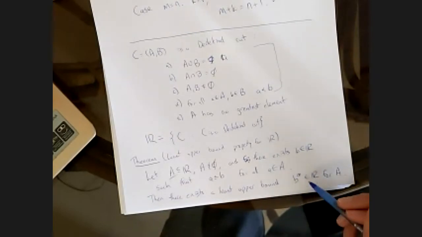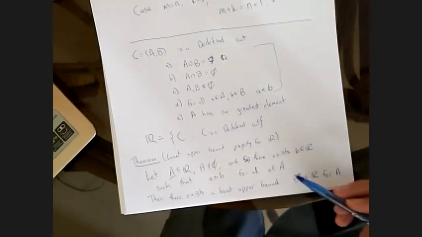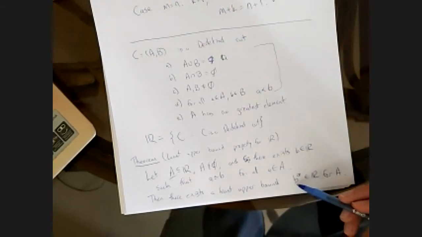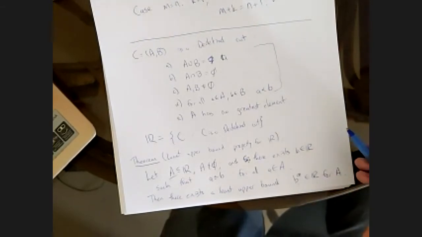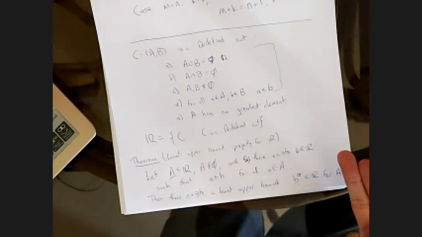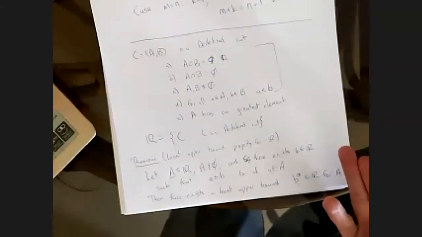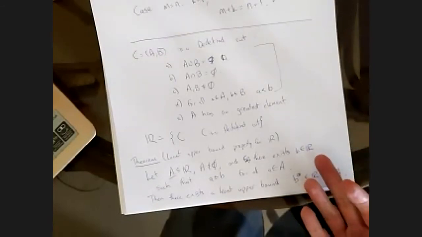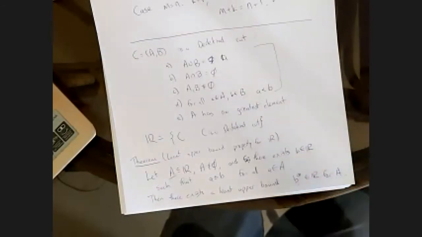And we have to prove that b star is an upper bound. Then we have to prove b star is the least upper bound. Then we'll be done. So we have to construct b star, prove that it's a real number, prove it's an upper bound, and then prove it's a least upper bound. That's it.